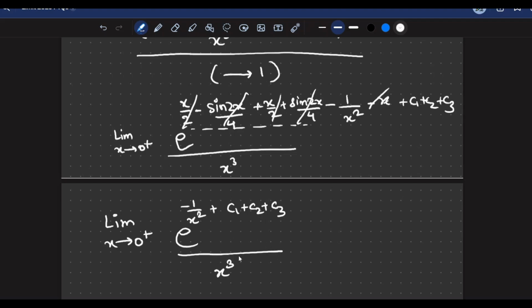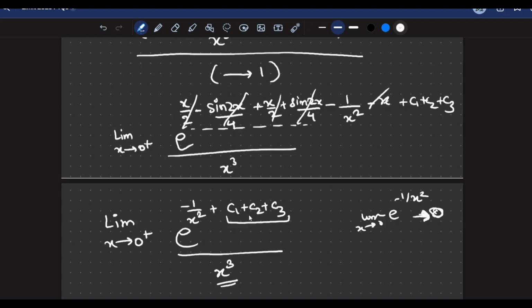Now I have to find a finite limit, right? This is some term which is tending to 0, and if c1 plus c2 plus c3 is not 0, this value will be some finite value, as e power minus 1 by x square as x tends to 0 would be equal to 0, right?